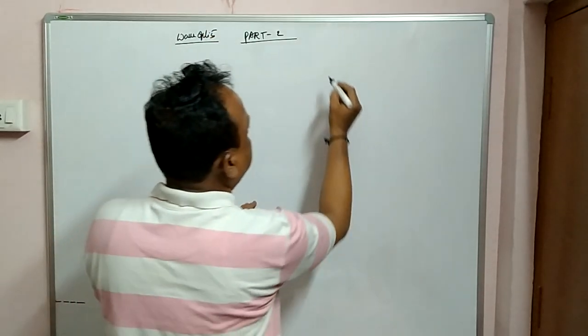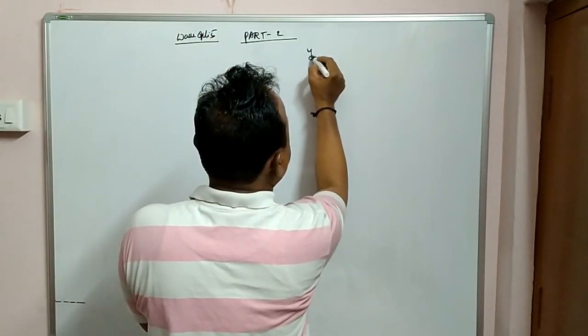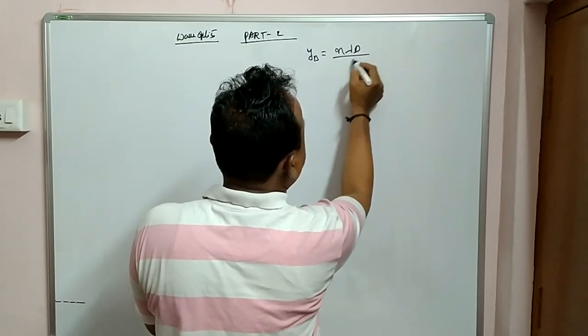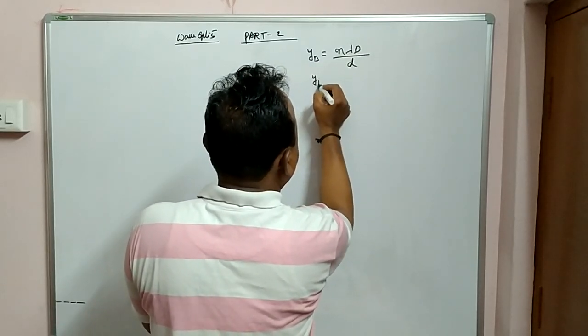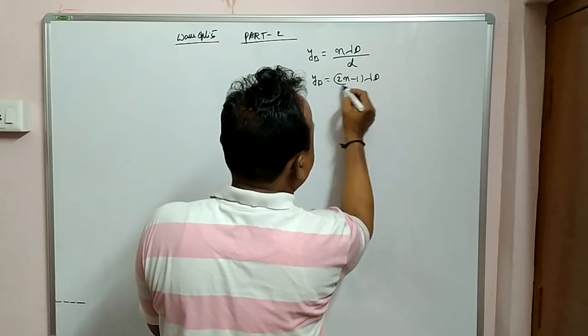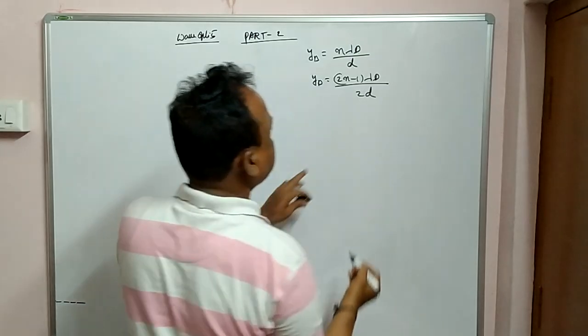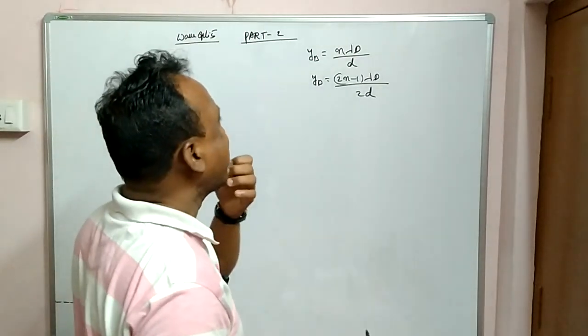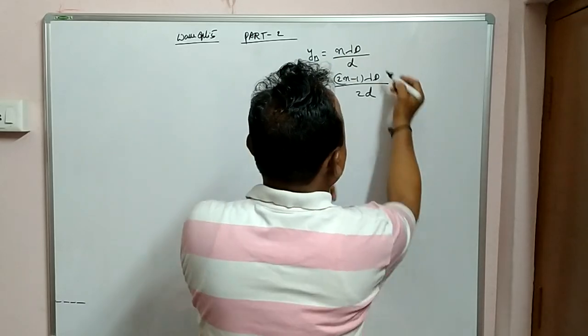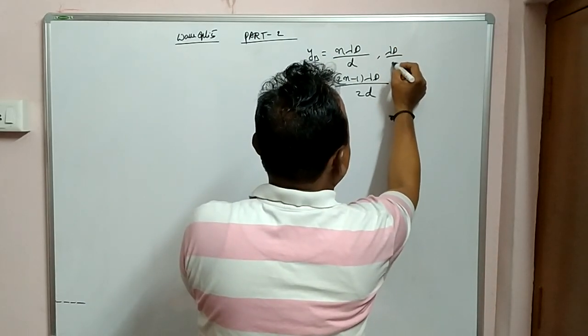already in part 1 we derived for bright, that is y bright for nth, n lambda D by d, and for dark, (2n minus 1) into lambda D by 2d. These are the things we have derived. If you substitute n equal to 1, you will get lambda D by d.